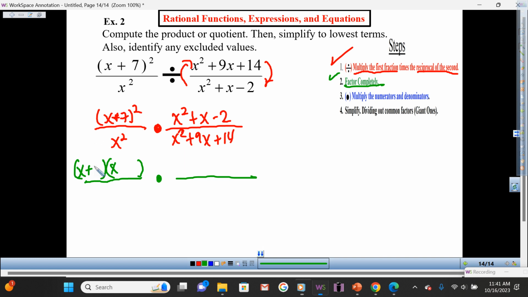Yes, (x + 7)(x + 7), twice. Why? Because it says there how many times? Twice. How about the denominator, everyone? x times x.